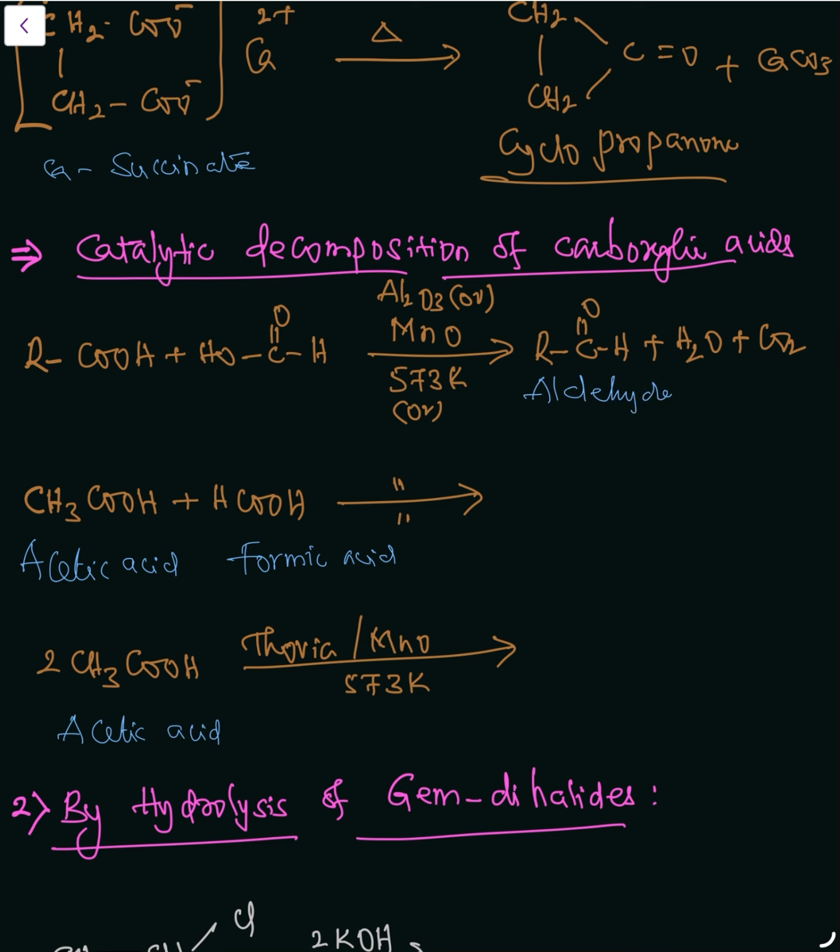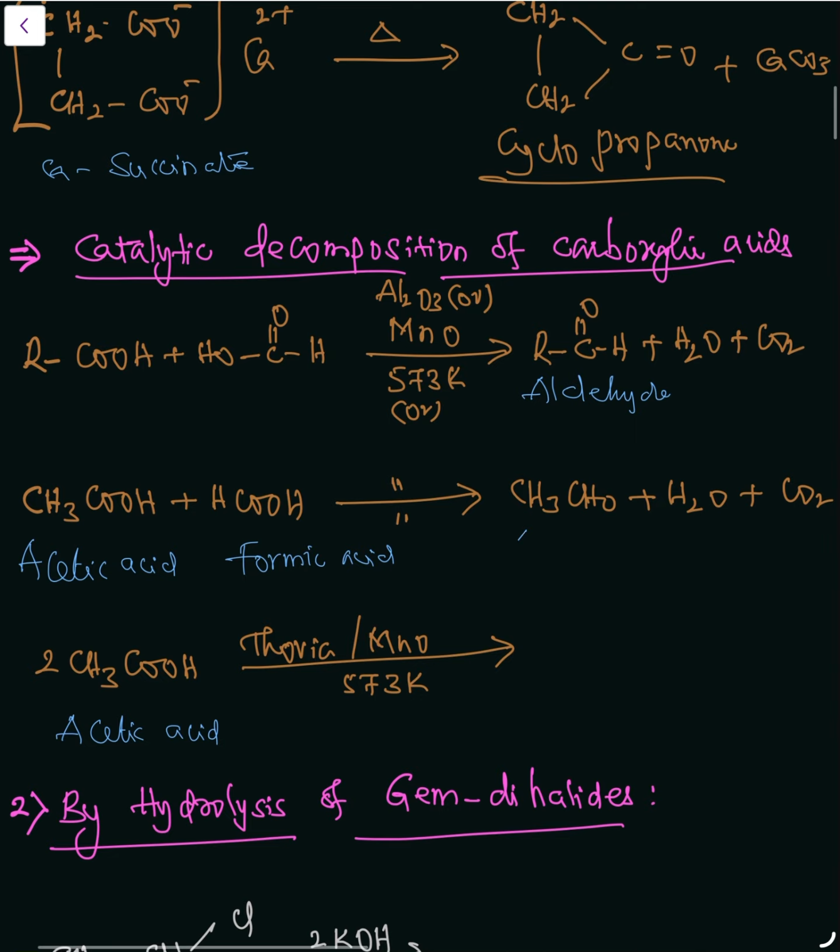The reaction is between acetic acid and formic acid. In the presence of Al2O3, the compound formed is CH3CHO, that is acetaldehyde. Along with acetaldehyde, we'll get H2O and carbon dioxide. This is acetaldehyde.